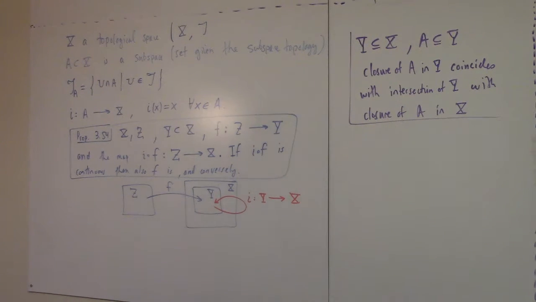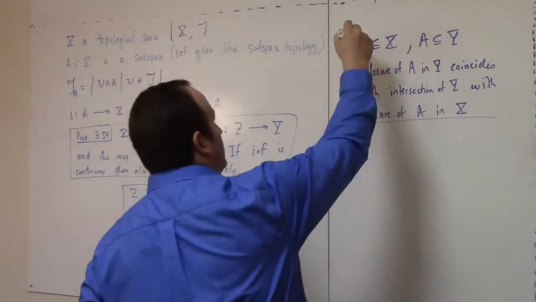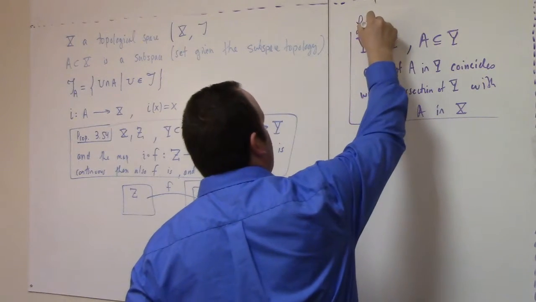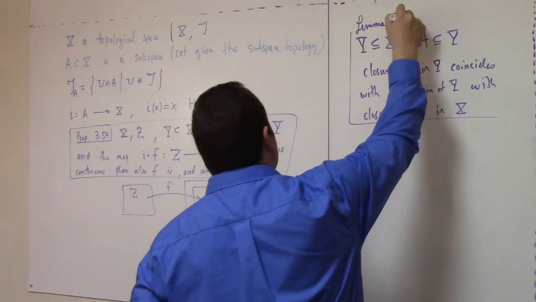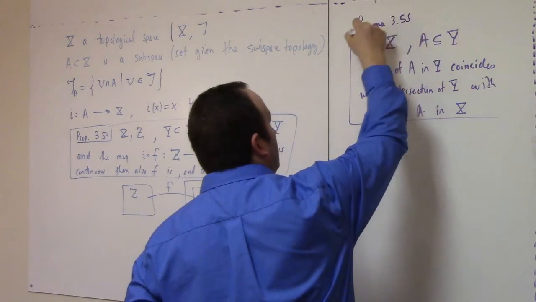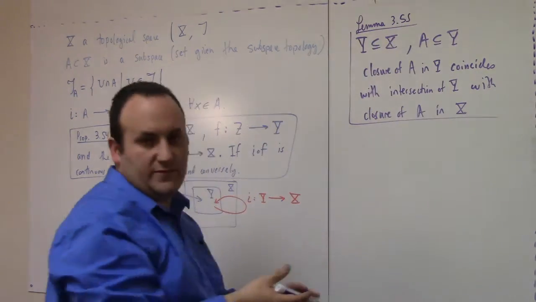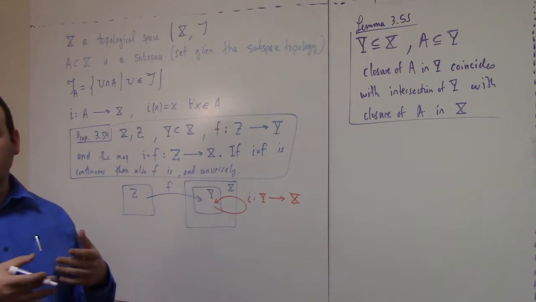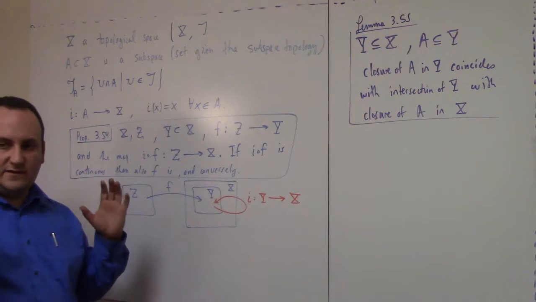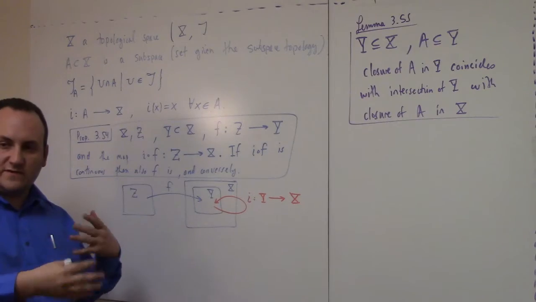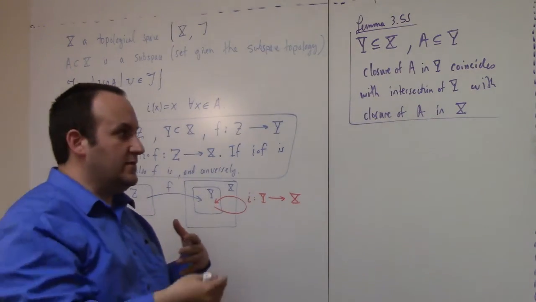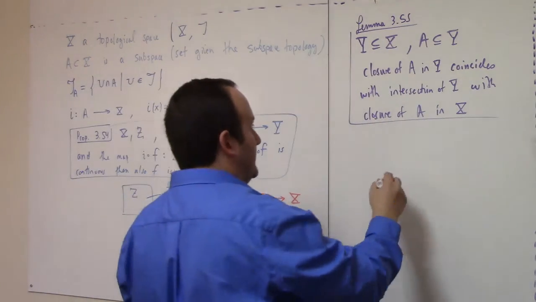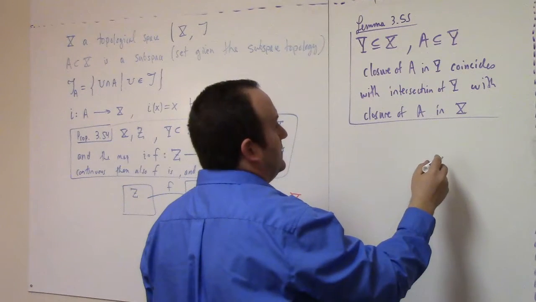What was this, lemma 3.55, right? Yeah. So again, we're in Manetti, lemma 3.55. You understand the notion of closure is what? It's the intersection of all closed sets which contain a subset, right? So the universe of all possible closed sets. If we think about X, right?